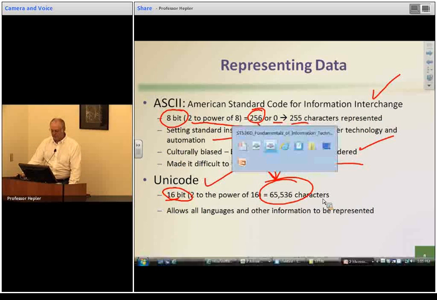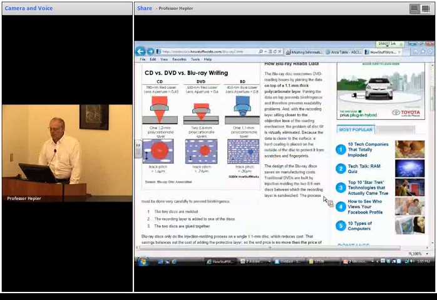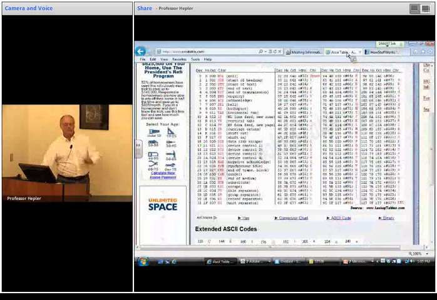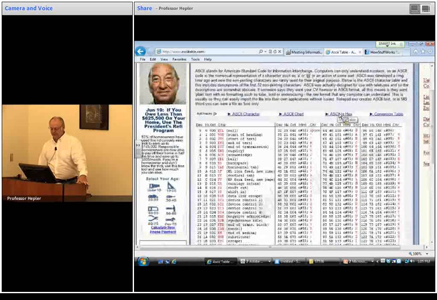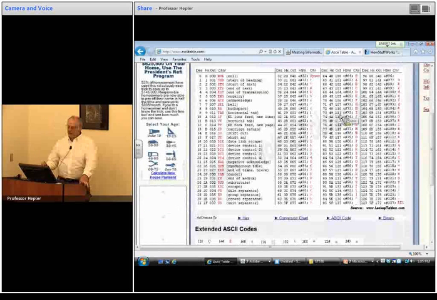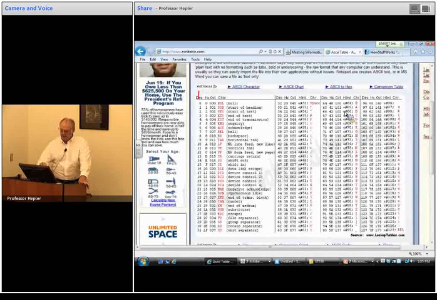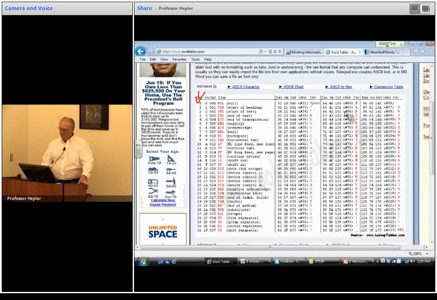Let me bring this up here. Here is an ASCII code set, character set. This column is the decimal, that's our numbering system, 0 through 9. And the character itself is here.